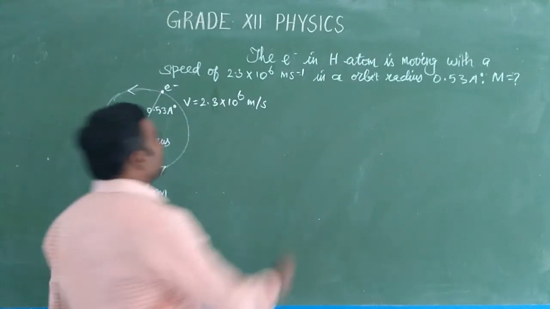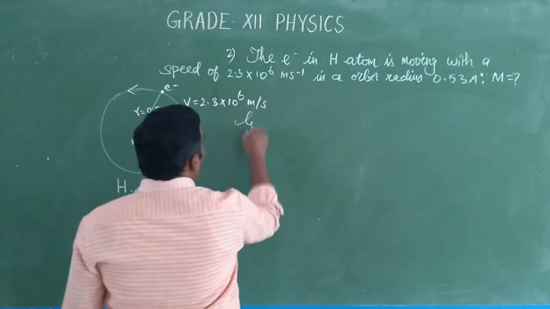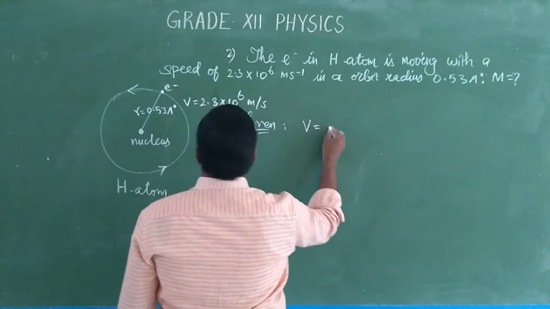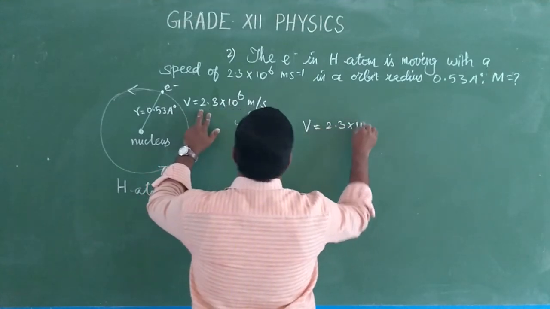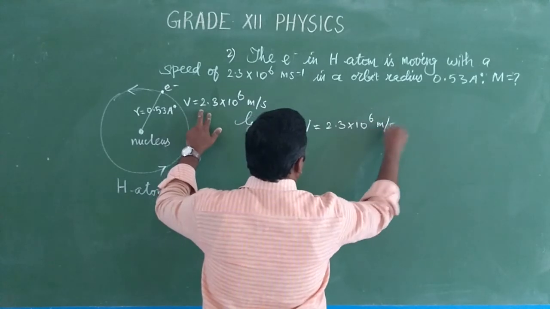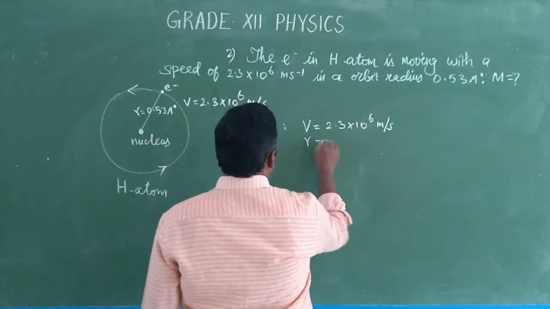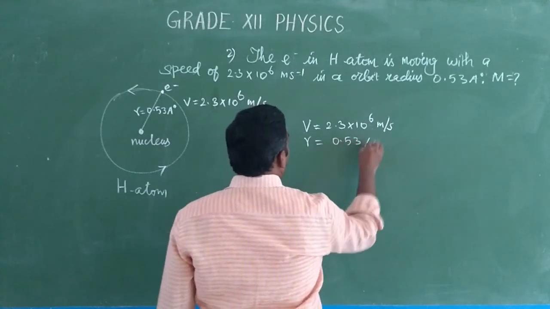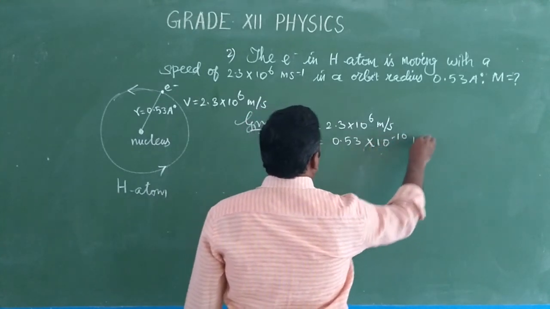Okay, first we will write the given things. What are all the given? The orbital speed of the electron in a hydrogen atom is 2.3 into 10 to the power 6 meter per second, and the radius of the revolving electron from the nucleus is 0.53 angstrom, that is 10 to the power minus 10 meter.